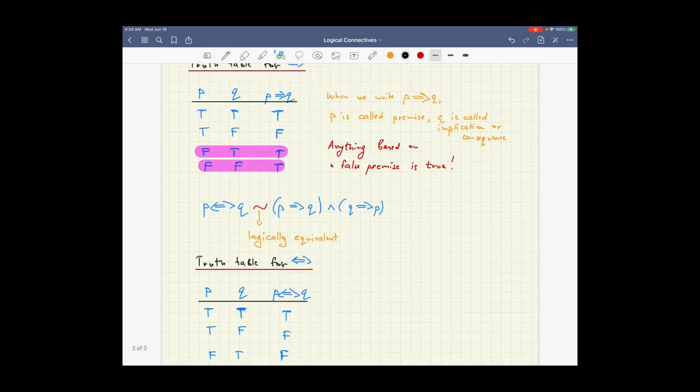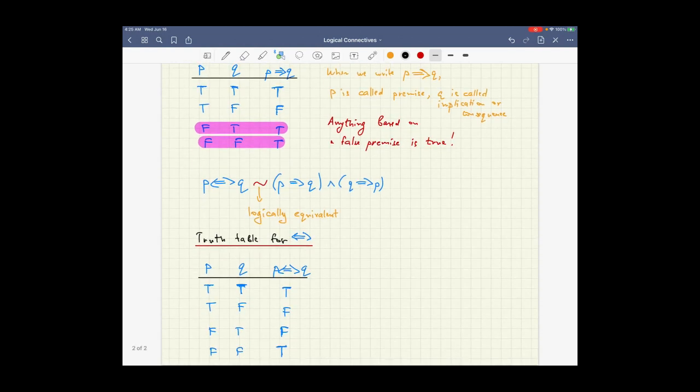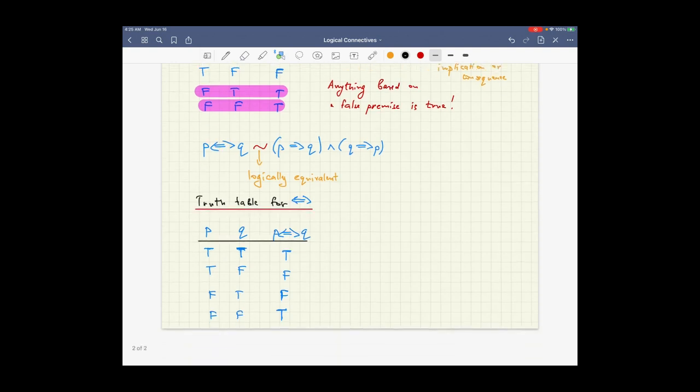So now I'd like to mention a few important properties that these symbols have. The first of them is the so-called De Morgan's laws.